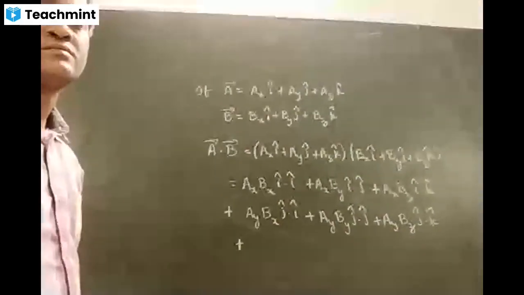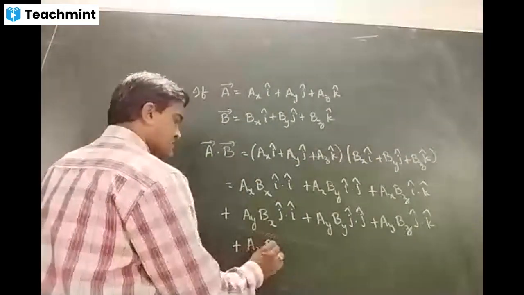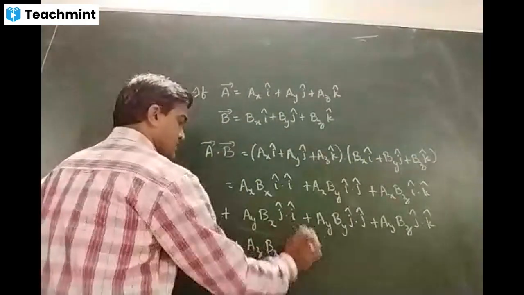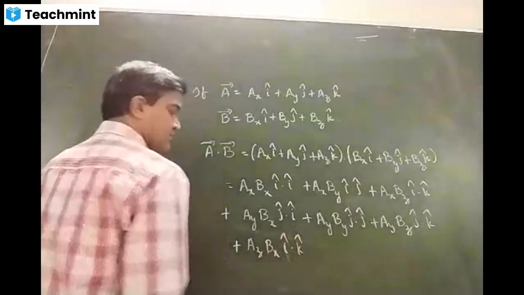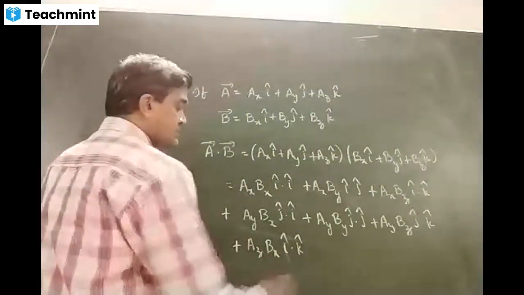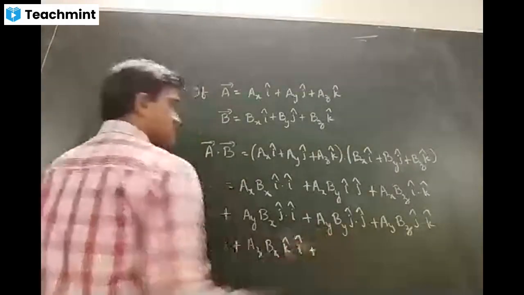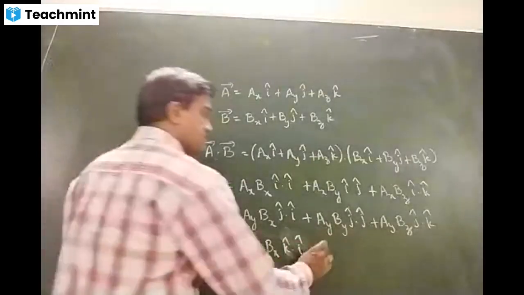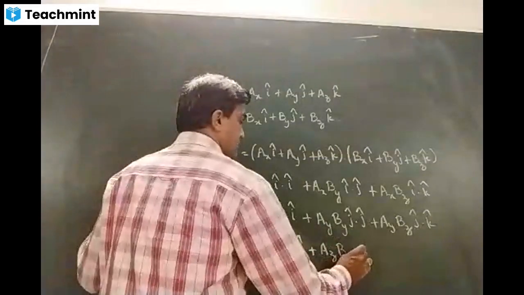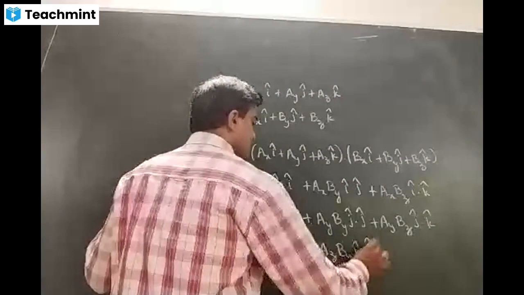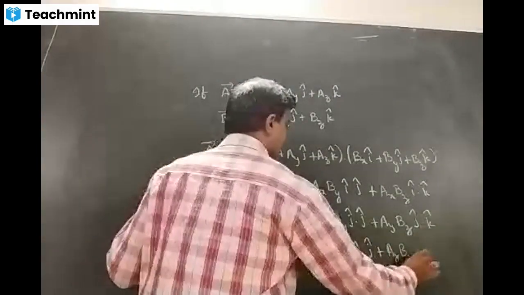Next one, the third term: AZ BX, K cap dot I cap. Plus AZ BY, K cap dot J cap. Plus AZ BZ, K cap dot K cap.